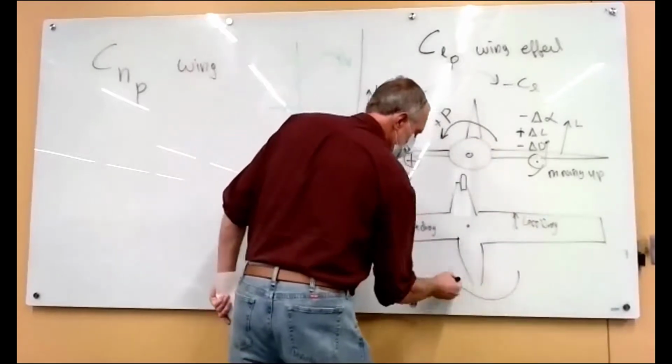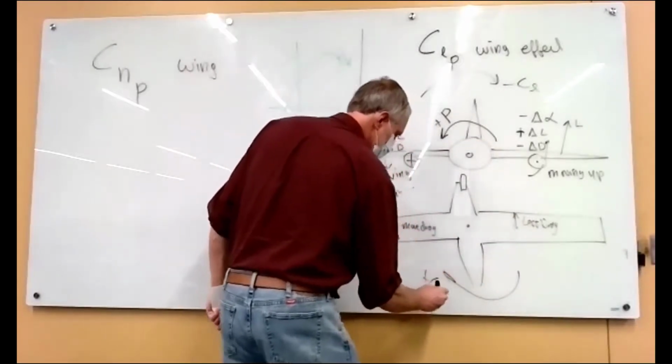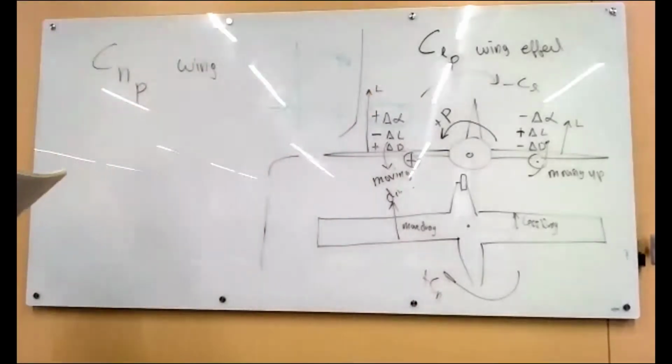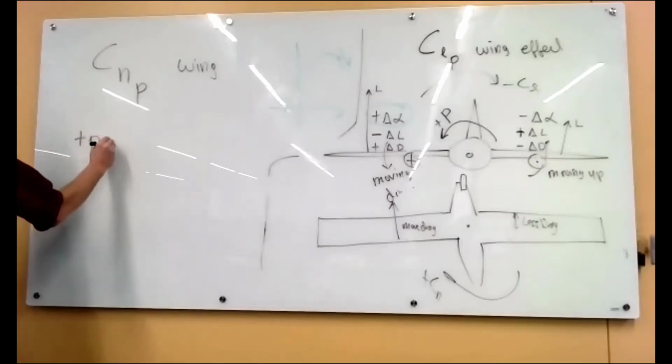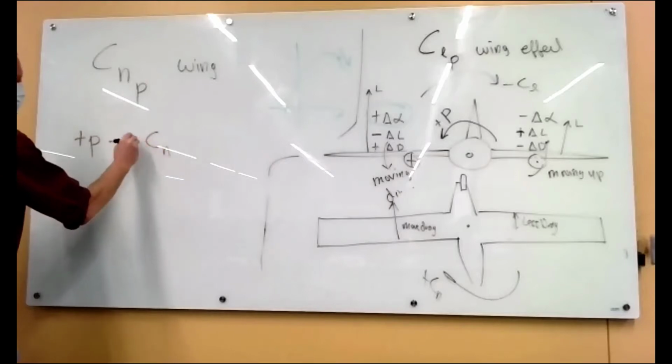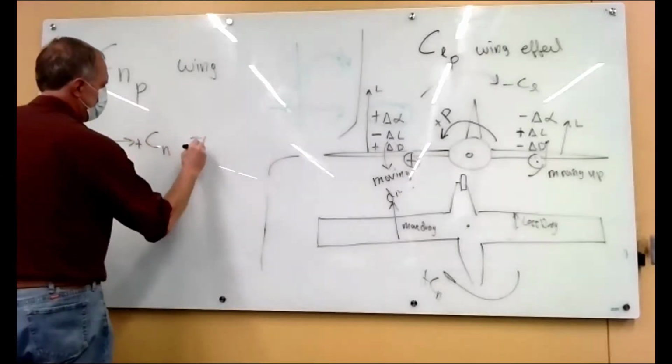And so this wants to yaw the airplane in the positive direction. So what that means is a positive roll rate will lead to a positive yaw if we're not stalled.